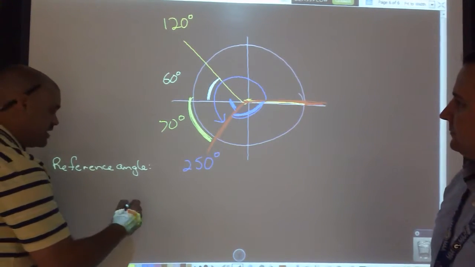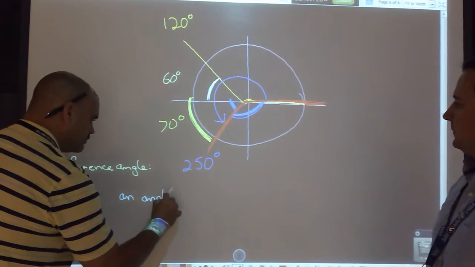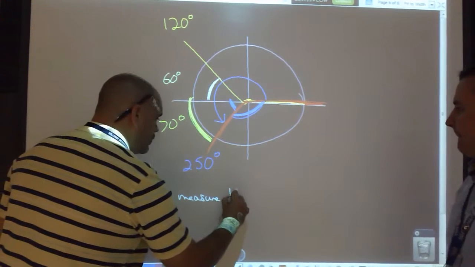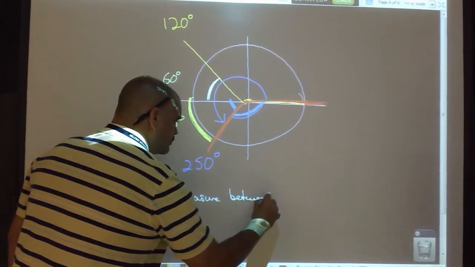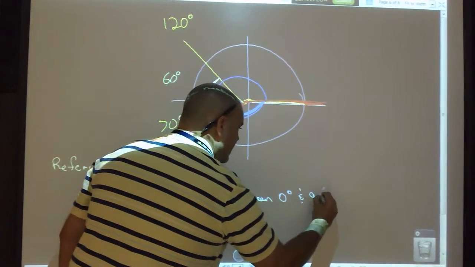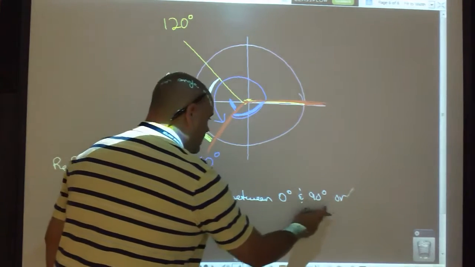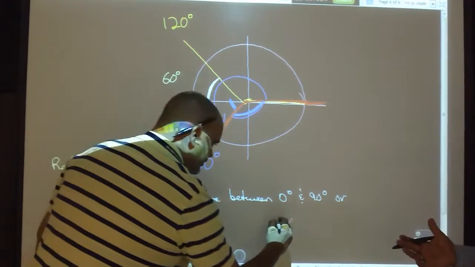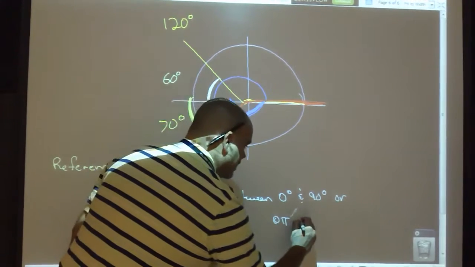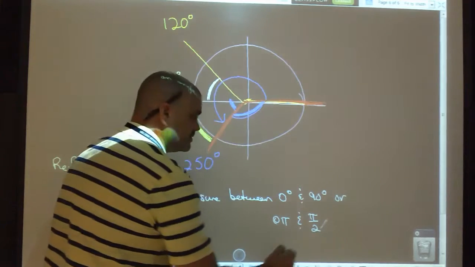So then we can say that our reference angle is an angle measure between 0 degrees and 90 degrees, or if we use radians, between 0 radians and pi over 2 radians.